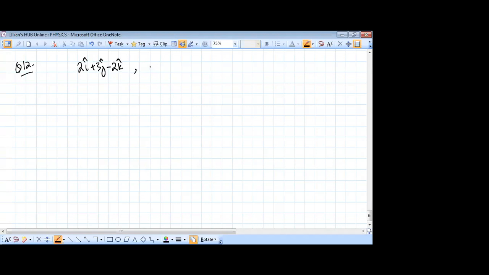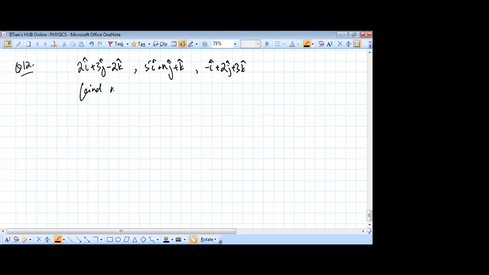That's one vector. Then 5i cap plus nj cap plus k cap, and minus i cap plus 2j cap plus 3k cap. Okay. So we have to find n so that they are coplanar.